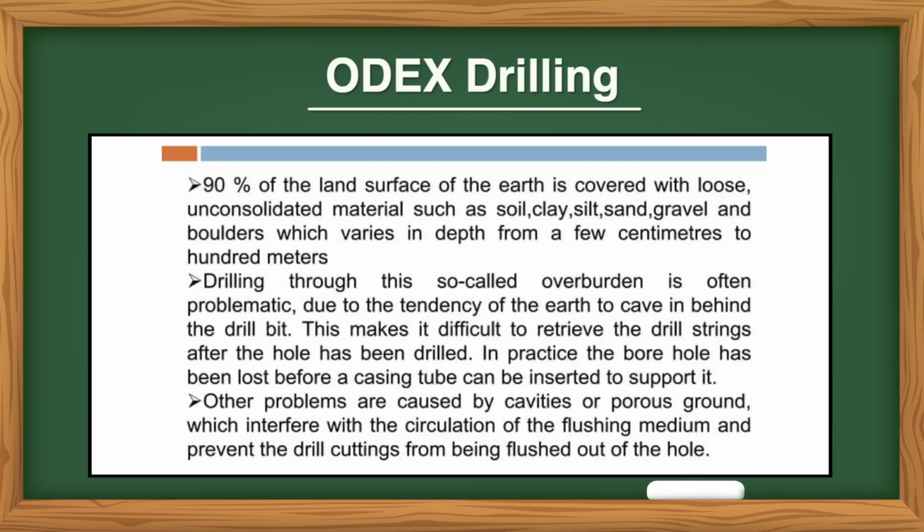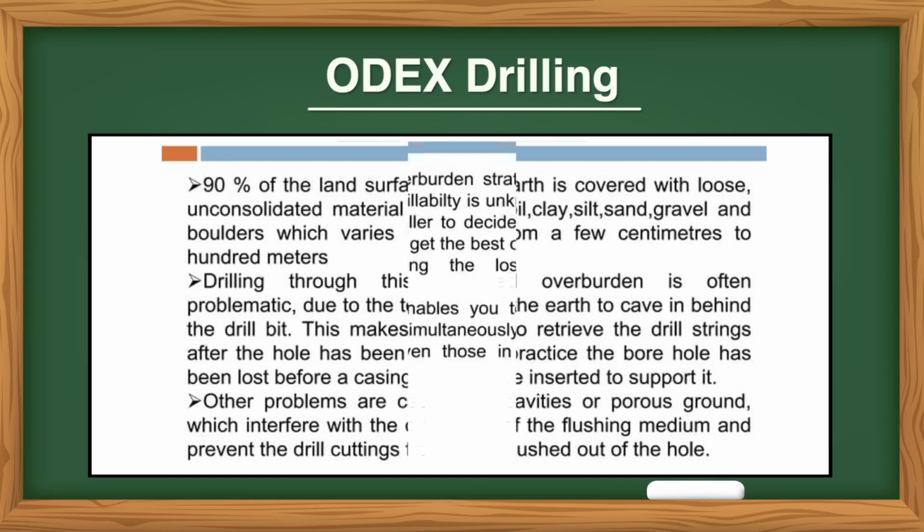In practice, the borehole is often lost before a casing tube can be inserted to support it. Other problems are caused by cavities or porous ground which interfere with the circulation of the flushing medium and prevent the drill cuttings from being flushed out of the hole.